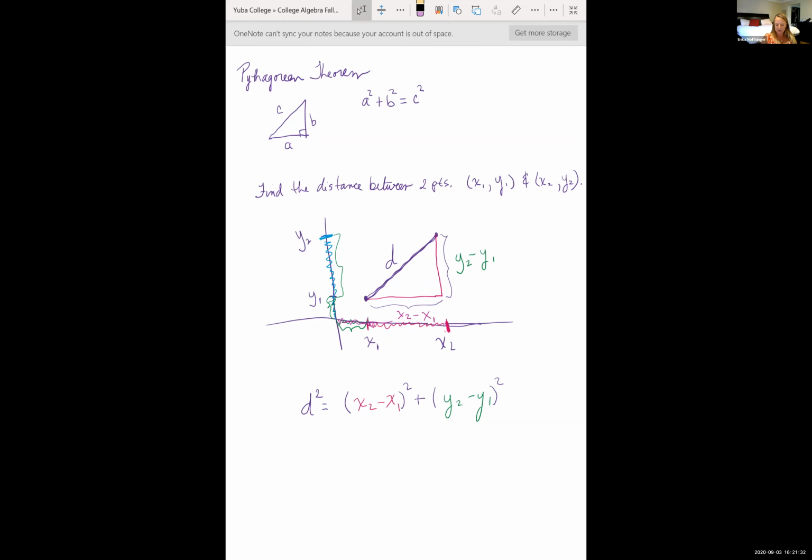So we basically have our distance formula. So our distance, again, is equal to the square root of the change in our x value, x sub 2 minus x sub 1, squared, plus the change in our y value, y sub 2 minus y sub 1, squared.